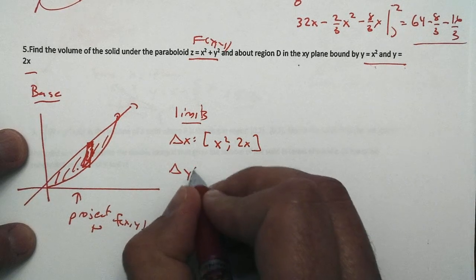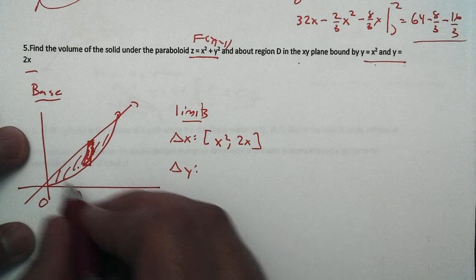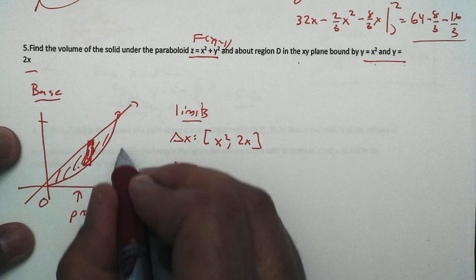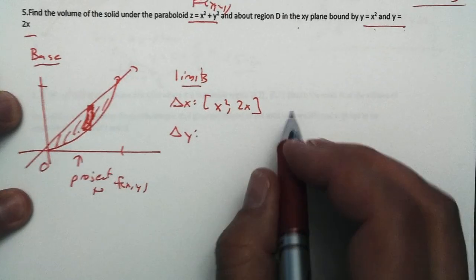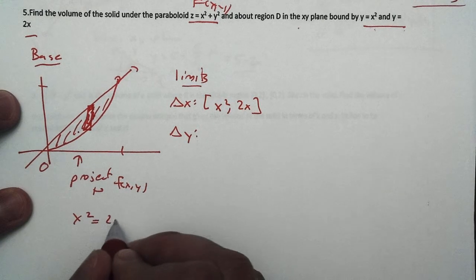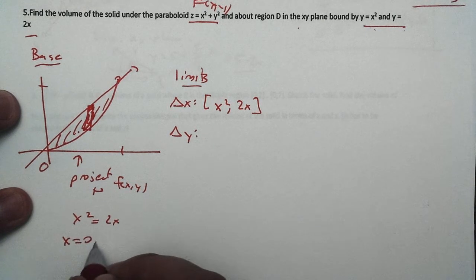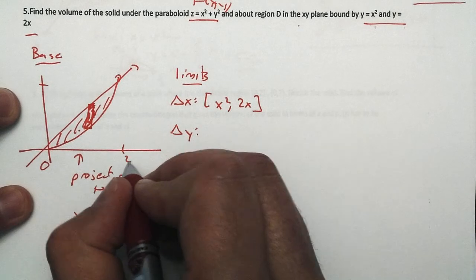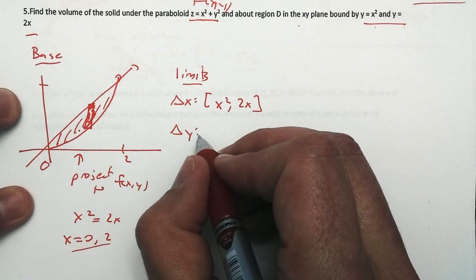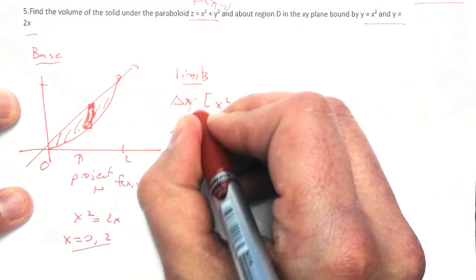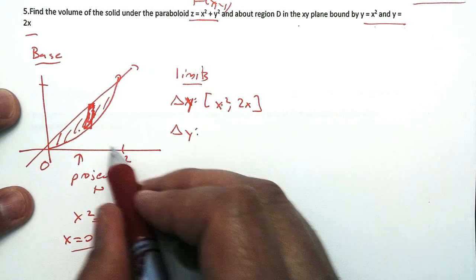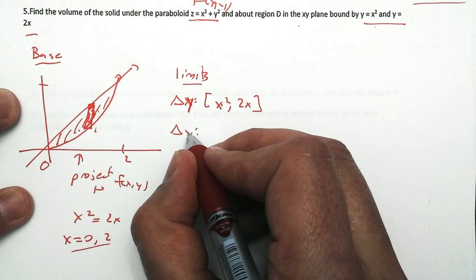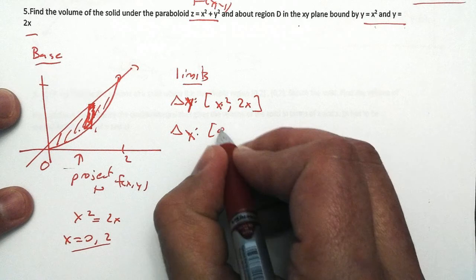My x values, be very careful, where do they meet? 0. And where do they meet here? Well, I can solve that. Ready? So if we just set x squared equal to 2x, we know x is going to be 0 and x is 2. So my y values go from x squared to 2x, where my x values are going to go from 0 to 2.